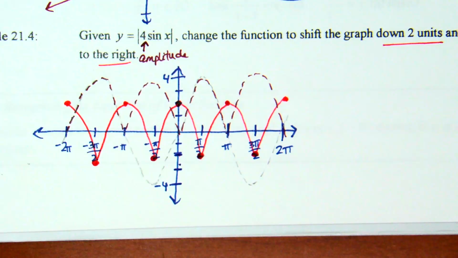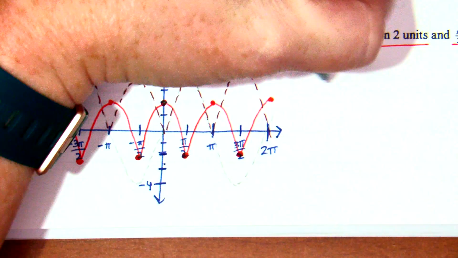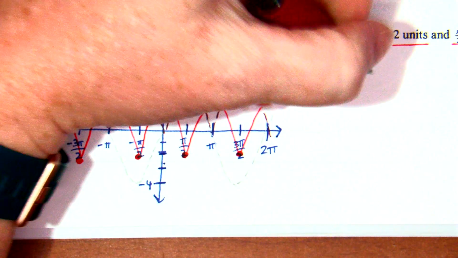Okay. Now, this was originally y equals the absolute value of 4 sine x, correct? What does the new equation look like then? It's y equals absolute value 4 sine.